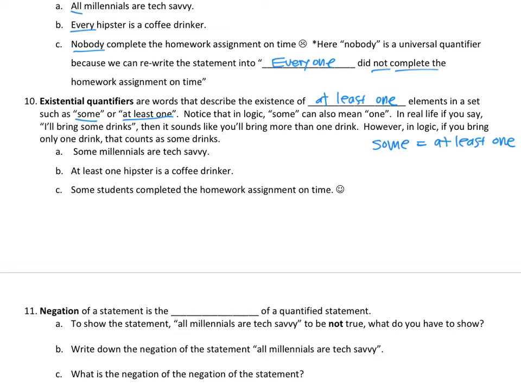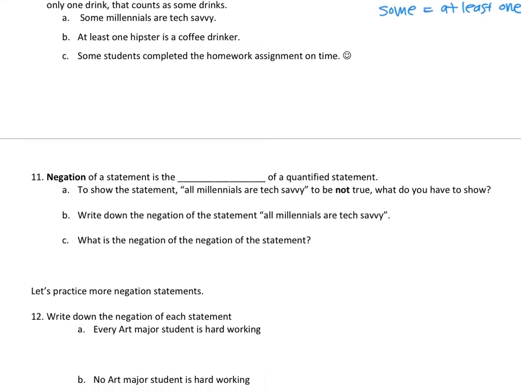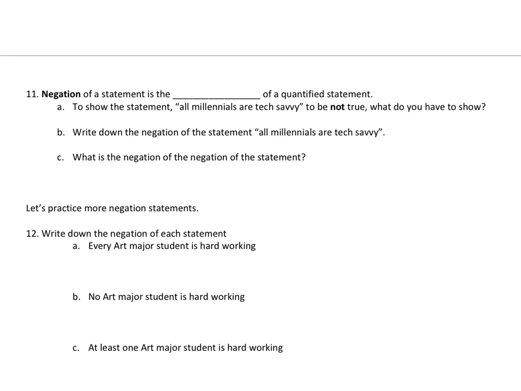And the next one is negation. It's kind of like a complement, basically. A negation of a statement is the opposite of the quantified statement. So let's say somebody made a statement, all millennials are tech savvy.